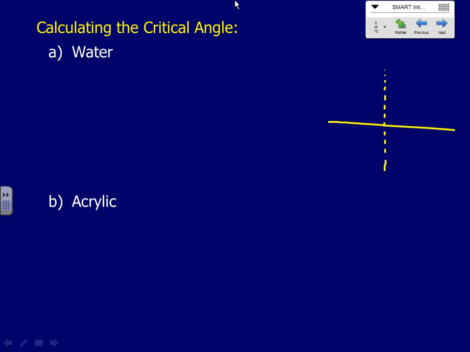Because I could say to you, find the critical angle of water, and then I would have to tell you what the other medium is, air. But you need to know that I'm going to have my water down here, and my air up here. And because it's a critical angle, I must be going from slow to fast, which means my incident ray is down here.